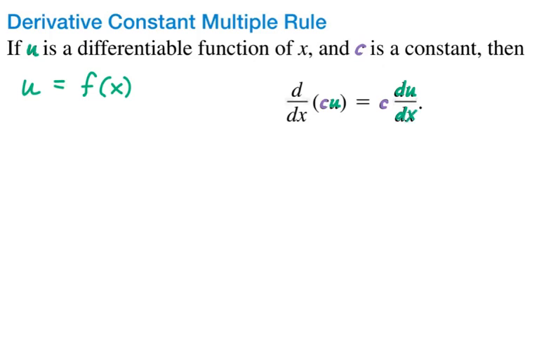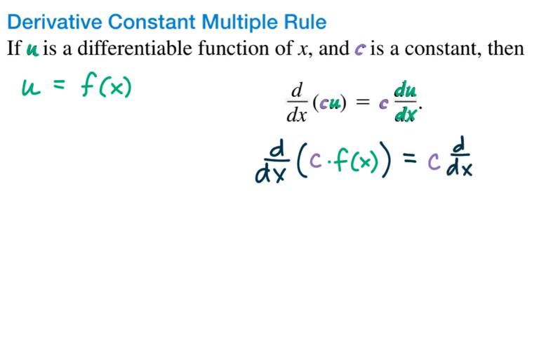I could think about writing that a different way. If I had d dx of some constant times the function f of x, that's the same as pulling the constant in front. I'll use the color here. Pull the constant in front, and I have then d dx of f of x.